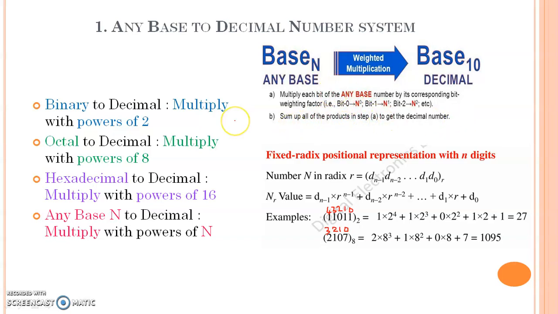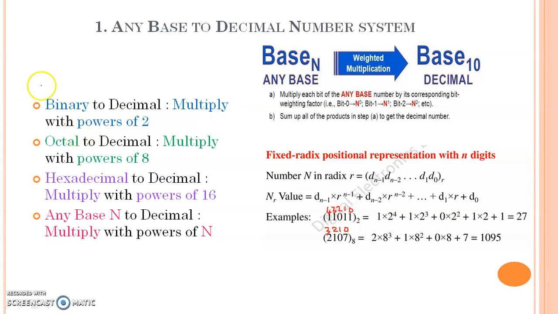We know that every number of base n is in a positional or weighted number system, which means that every digit in a positional number system has a weight associated with it. So in order to find the value corresponding to that number, you have to multiply the digits with their corresponding weights and then sum up all the products.